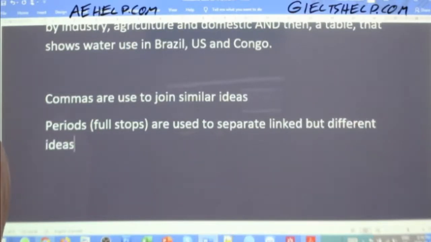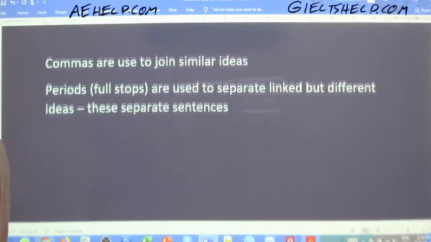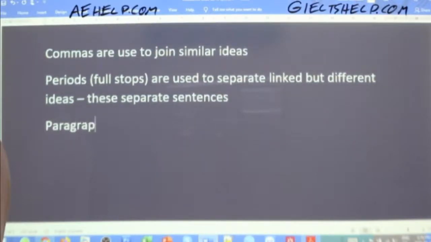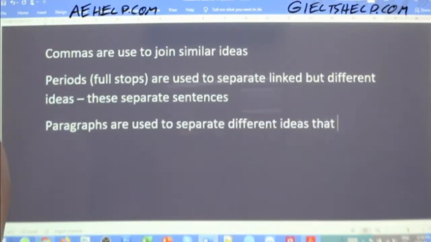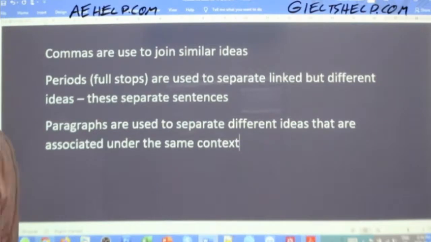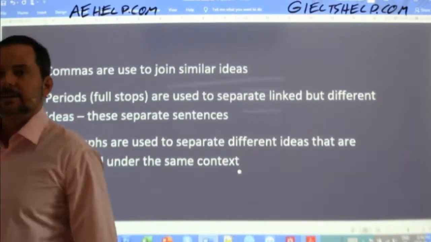Okay, they separate sentences, right? Paragraphs are used to separate different ideas that are associated under the same context. Okay, so that's kind of how you have to think about that.